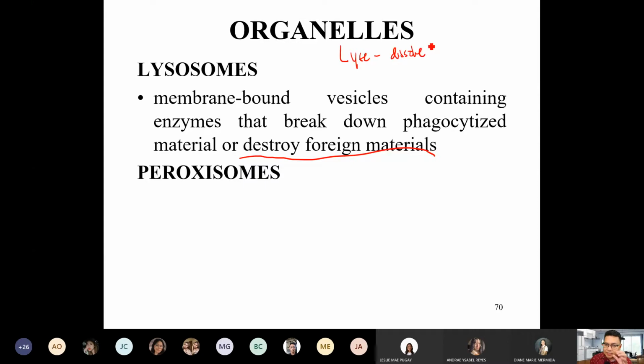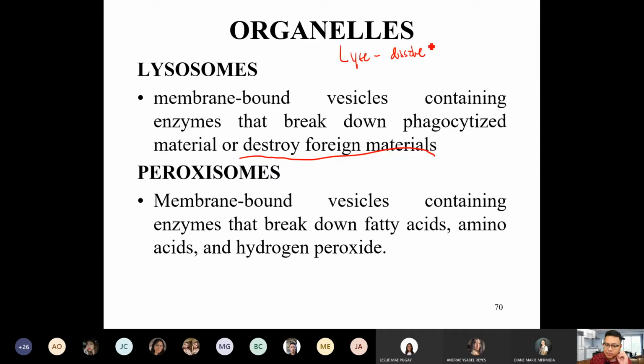Peroxisomes, on the other hand, instead of destroying foreign materials, carry enzymes that act on chemical substances, such as fatty acids, amino acids, and particularly hydrogen peroxide. Hydrogen peroxide is a very reactive chemical compound that can destroy cells when poorly handled by the body.